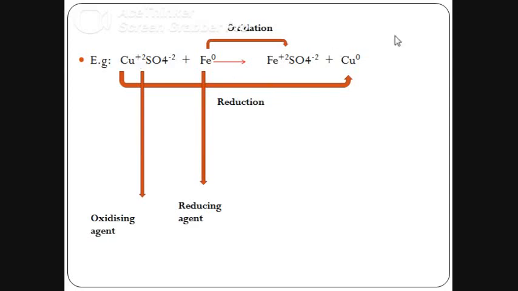And it is becoming 0, that means it is gaining those 2 electrons to form its elemental state. And here it has an equal number of protons and electrons, it is neutral. So copper from +2 to 0 means by addition of 2 electrons, it is making its proton and electron numbers equal. Whereas in iron, from the elemental state it is coming to Fe+2, that is the cation state, that is, it is losing 2 electrons.